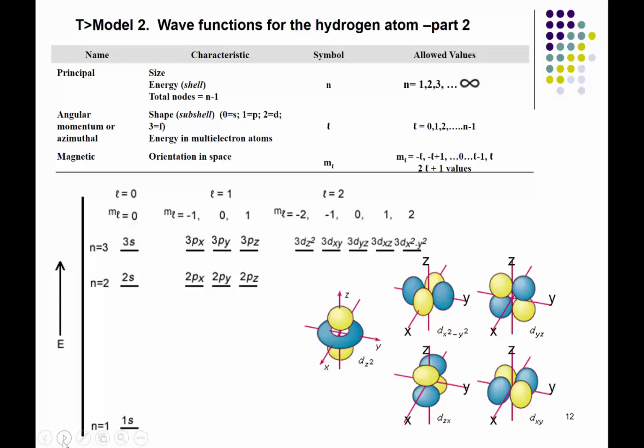So the dx squared minus y squared, you've got those 4 cloverleaf-like boundary surface diagrams, and they're right on the xy axes. In the case of the dz squared, there are boundary surface diagrams that sit right on the z-axis, and then of course we've got this weird ring that circles the nucleus. In some ways this kind of looks like a donut that's sandwiched in between 2 eggs.